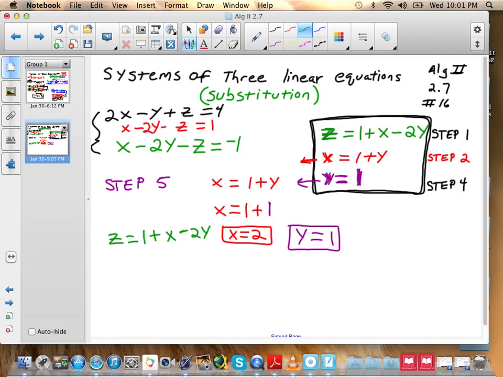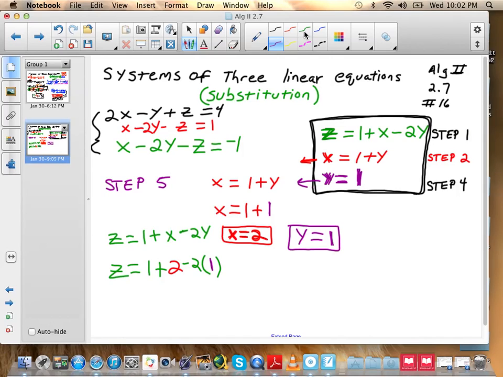Now it's going to be simple. If you got to this part, this is easy peasy, right? So z equals 1 plus, we said that x equals 2, so 2, minus 2 times, and we determined that y was 1, so I'm going to put a 1 right here.